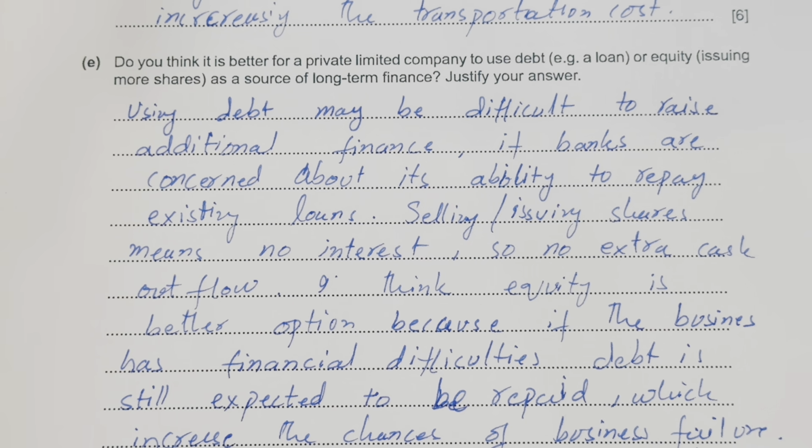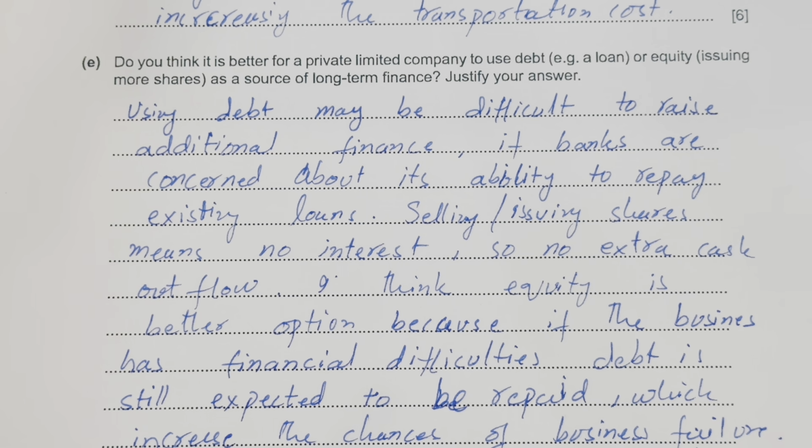But by selling shares in a private limited company, you can sell to your friends, close family or relatives, and it does not require additional interest cost. You only need to pay dividends after earning some profit. So there are better chances through shares than debt, in my opinion.